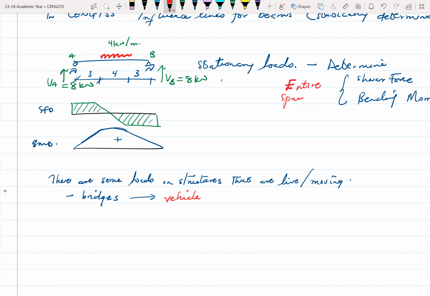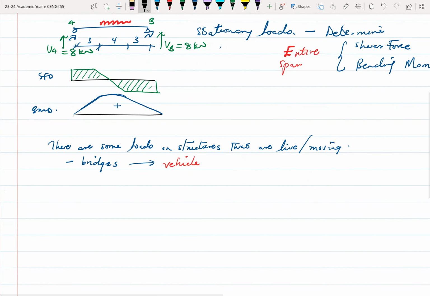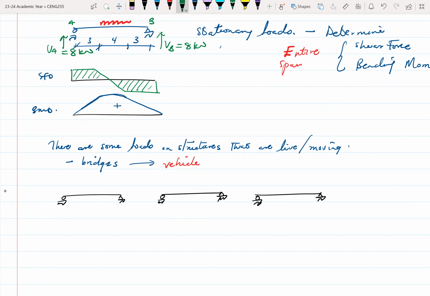So if you have, let's say, a bridge, the same bridge, at some point in time you could have the load over here. Maybe that's the car, let's say some CRV or some kind of brand.